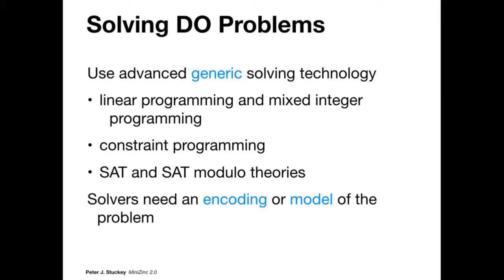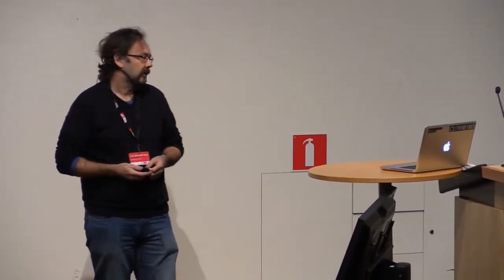So how should we go about solving discrete optimization problems? These problems are hard to solve, but how we can push that number from, let's say, 10 to 80,000 is by using advanced generic solving technology.